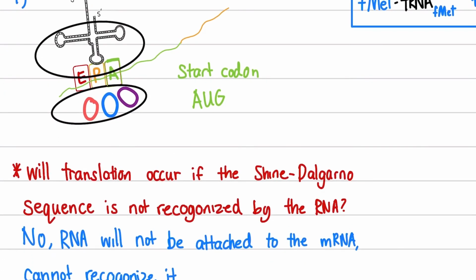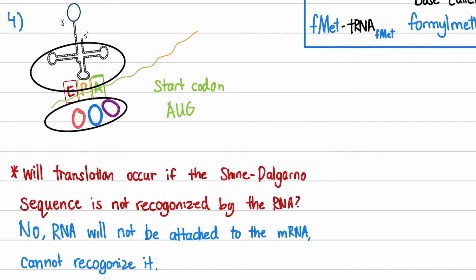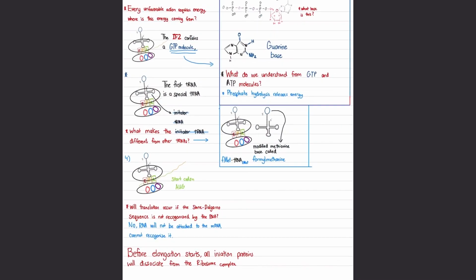And the answer is no. The ribosome will not be attached to the mRNA. You cannot recognize it. So everything has to be recognized by the mechanisms in the initiation complex for proper initiation to be started. And if recognition of the Shine-Dalgarno sequence doesn't happen, then we have translation failed.